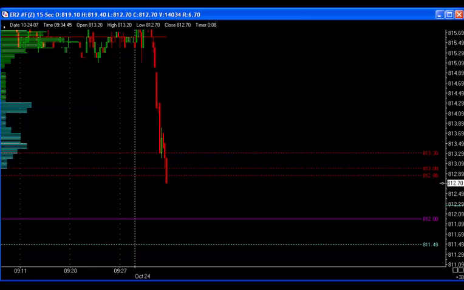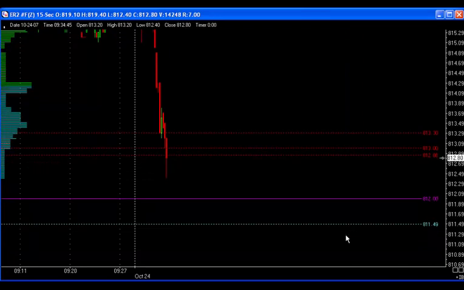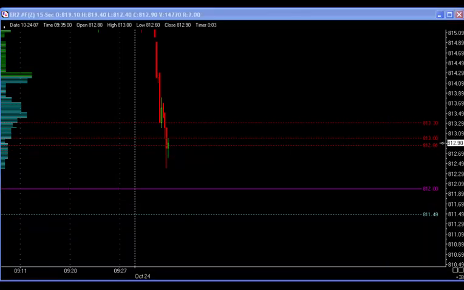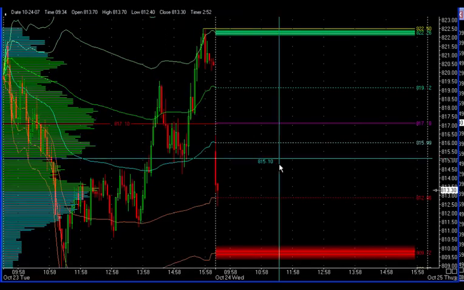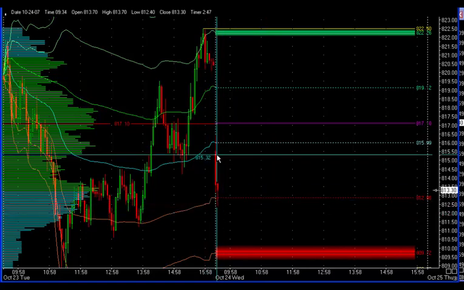Then goes through that, goes through 812.86, and heading down to 812. 812.86. Okay, again that's first standard deviation of yesterday's VWAP.